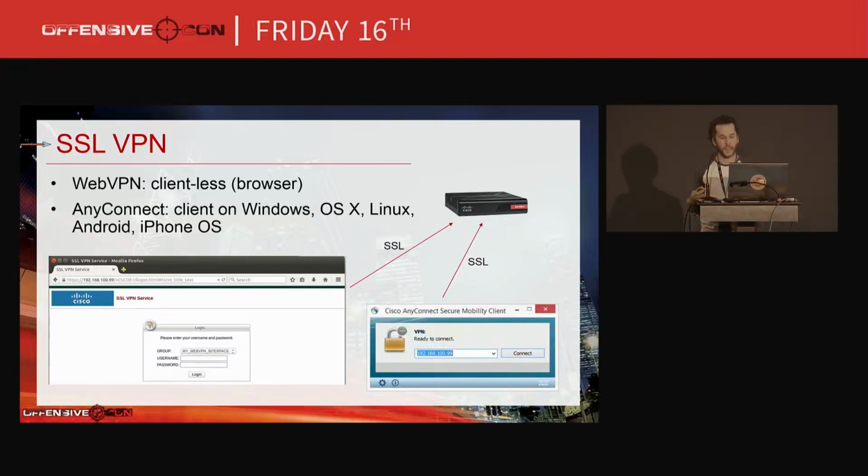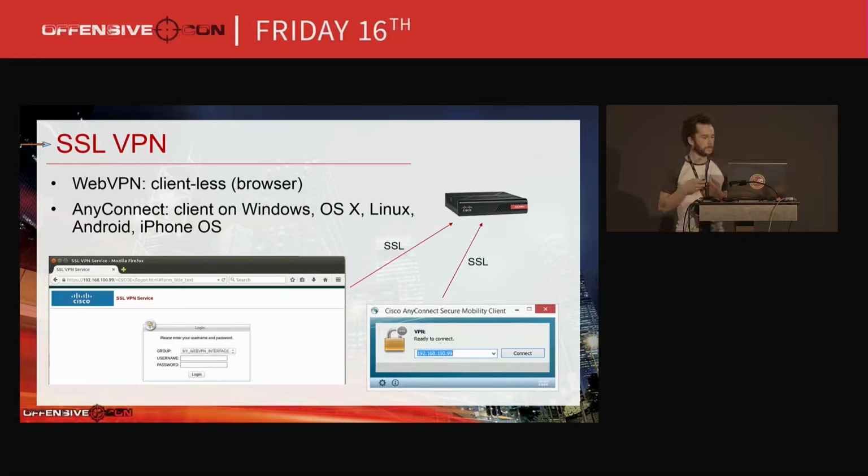If you use an AnyConnect client either on your phone or on Windows or whatever, this one is on the phone on the bottom right, it's going to establish an SSL VPN connection. It's basically SSL.